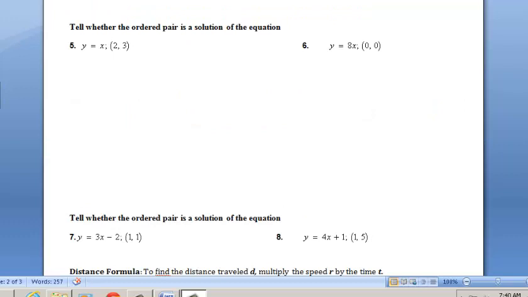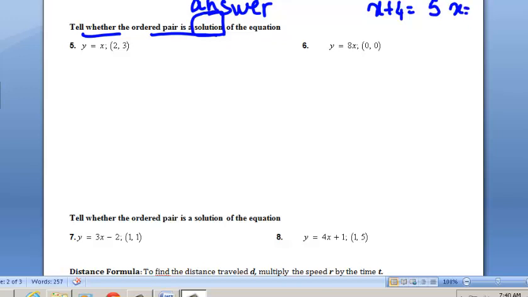Okay, let's move on to the next part, which is asking us to tell whether the ordered pair is a solution of the equation. Again, remember, when they say is it a solution, that means they are asking us to figure out if it is the answer of the given equation. We've just done this in the previous two sections actually, where they said x plus 4 equals 5, x equals 1, and then we had to plug in, remember that?